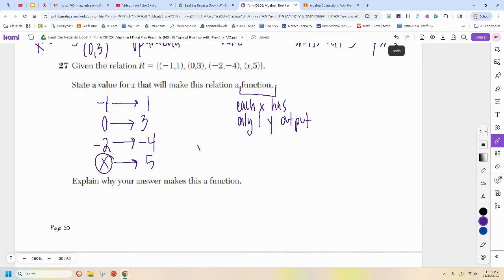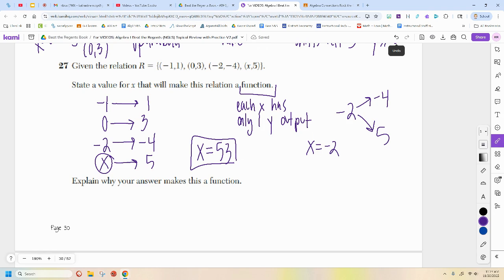So let's just say x is equal to 53. Well, that's a great number, okay? If I accidentally choose something like -2, say I say x is -2, well, now that means -2 pushes out a 4, and -2 pushes out a 5.